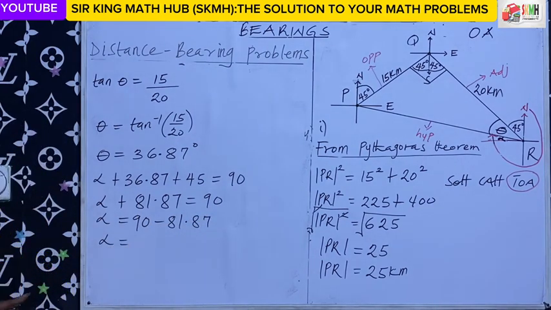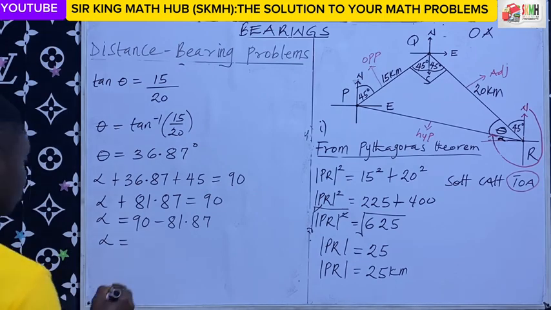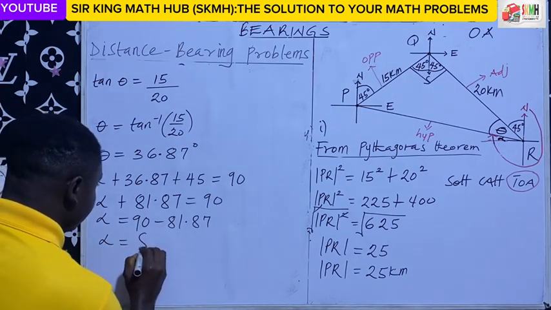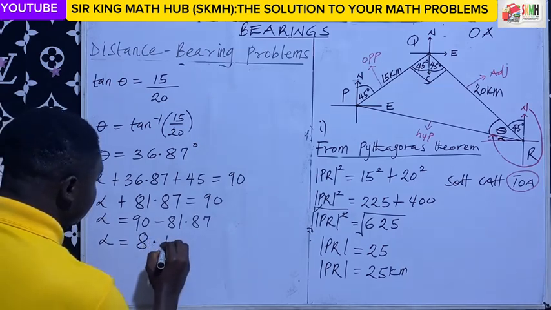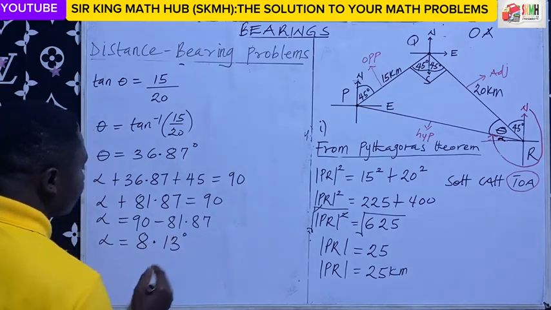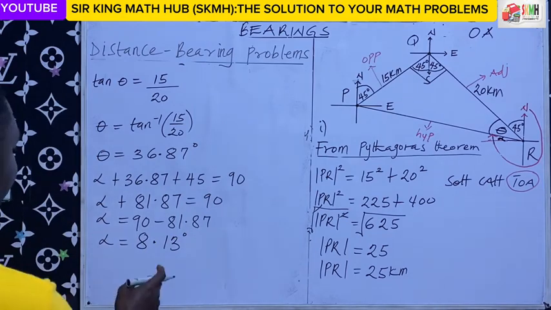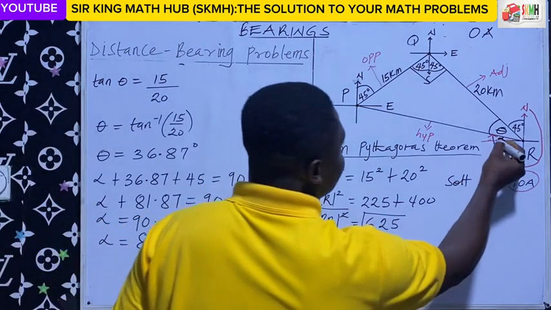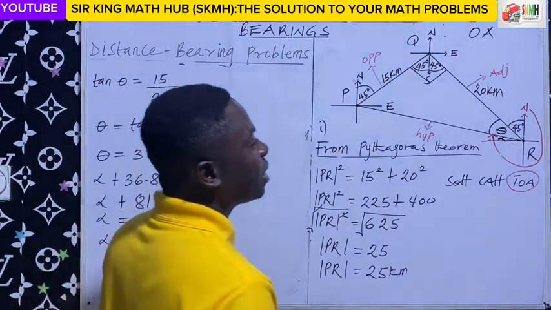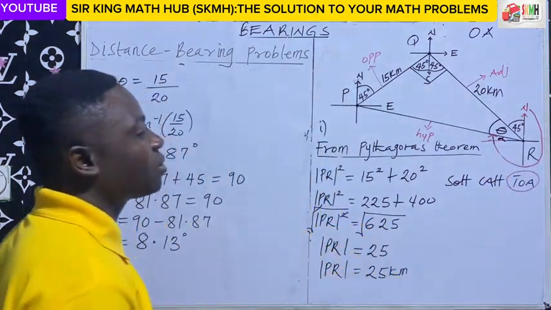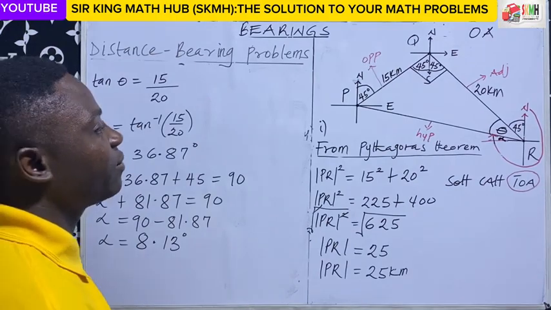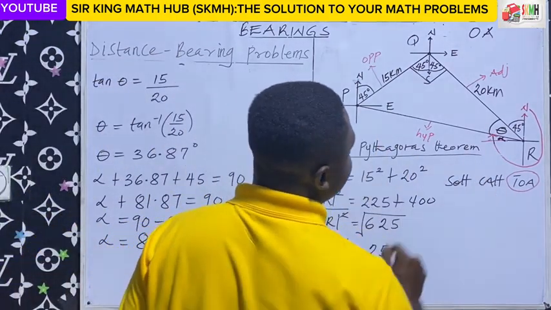So alpha is 8.13 degrees. So that is the measure of alpha. Now that you know the measure of alpha, you should be able to calculate the bearing of P from R.